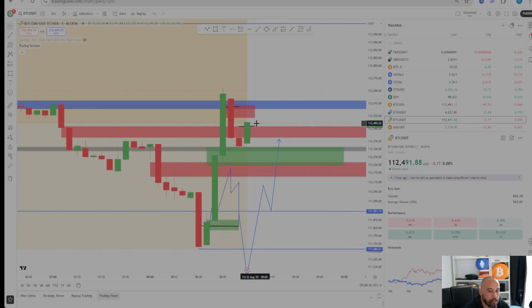If this closes below here, we stay. If it closes above here, we're out and we take the loss. Okay, 20 seconds.